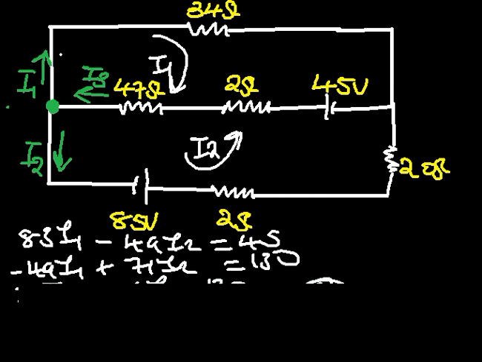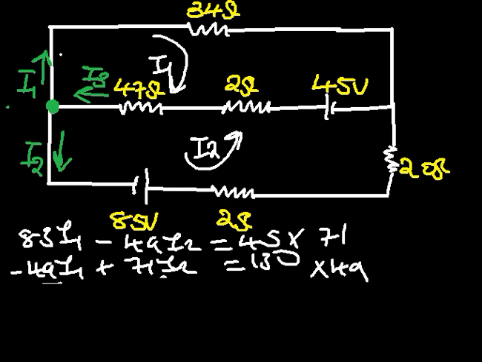So in that case, we have to eliminate, let's say, I2. Which means we should multiply this one by 71 and this one by, let's say, 49. That will work.